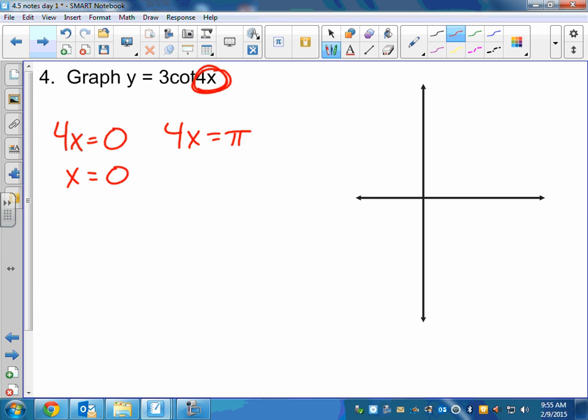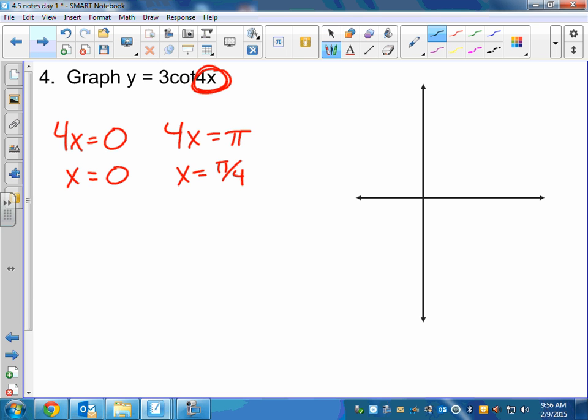But this one, when I divide by 4, I'm going to get pi fourths. Yes? No? Maybe? So label your x-axis accordingly.